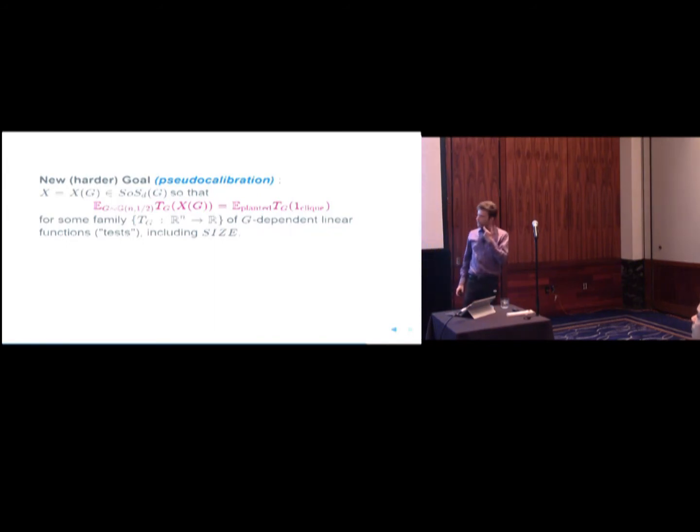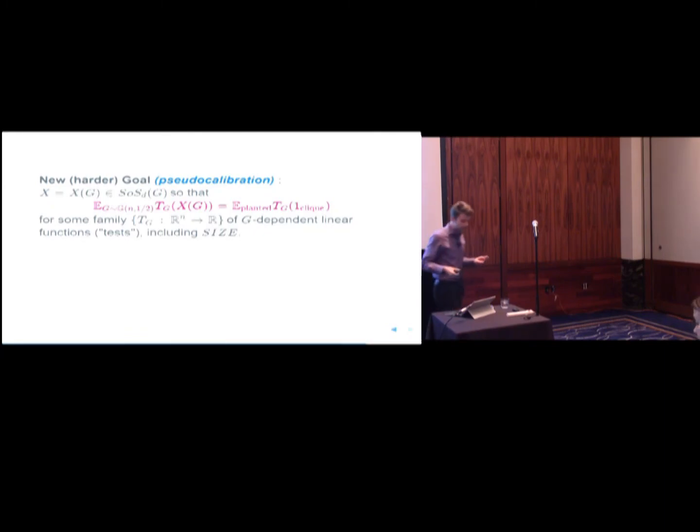And what I would like is, for some fixed family of test functions, if I apply my test to my construction, which I haven't told you how to construct yet, and I look at this in expectation over G(n, 1/2), this will give me the same number as if I applied my test to an actual planted clique, looking at this in expectation under the planted distribution. If you replace t sub g with size, you would get exactly the thing we desired earlier. But now I'm going to ask for it for some broader set of tests.